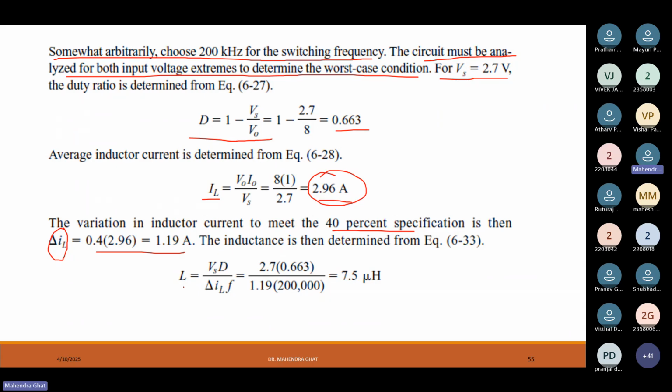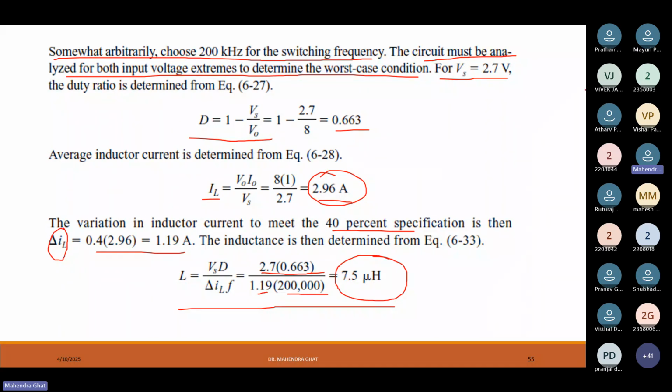With that, if I calculate L, I get 7.5 microhenry. The formula for calculating L is Vs D T divided by delta IL, that is Vs D by delta IL times F. F is 200 kilohertz, delta IL we have calculated, Vs is 2.7, and the duty we just calculated. With that we get 7.5 microhenry.